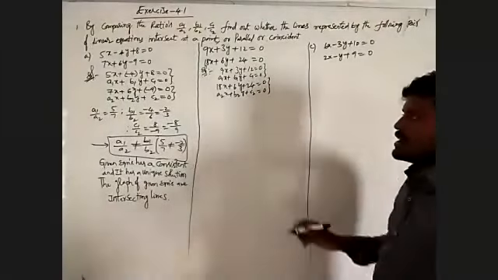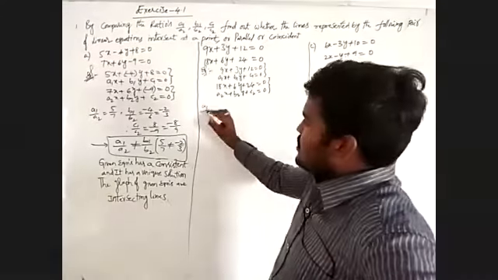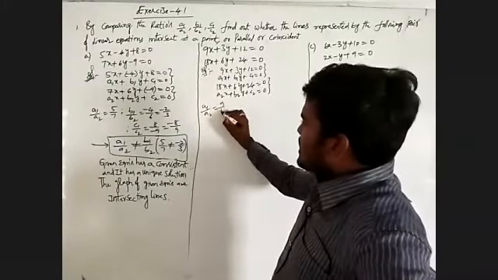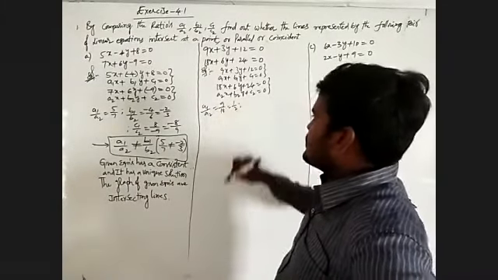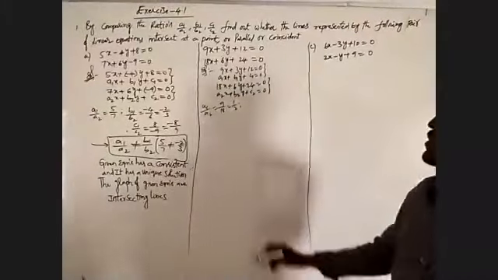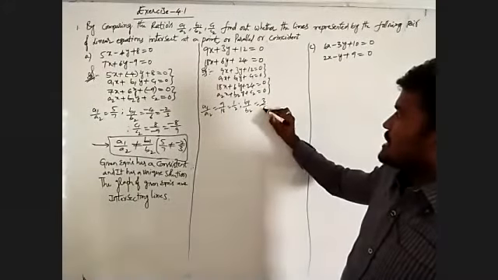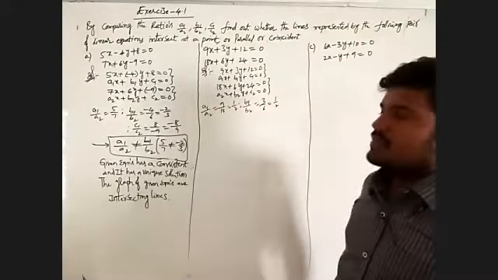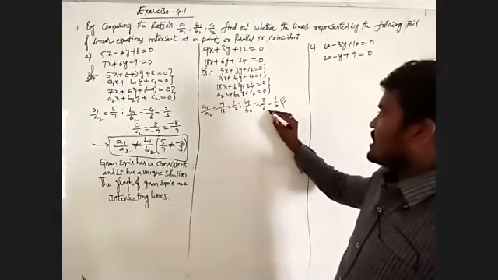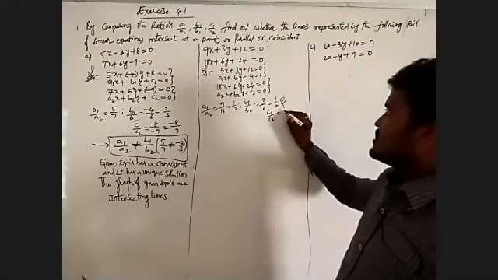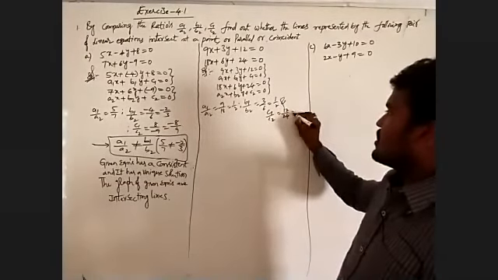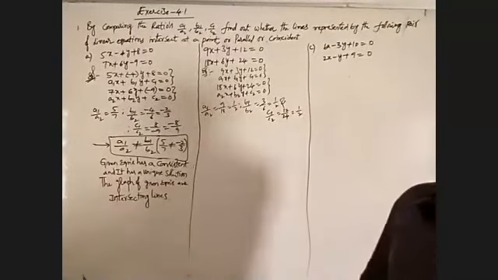First I find a1 by a2 is equal to 9 by 18, that is equal to 1 by 2. After, b1 by b2 is equal to 3 by 6, that also is 1 by 2. Next, c1 by c2 is equal to 12 by 24, that is equal to 1 by 2.